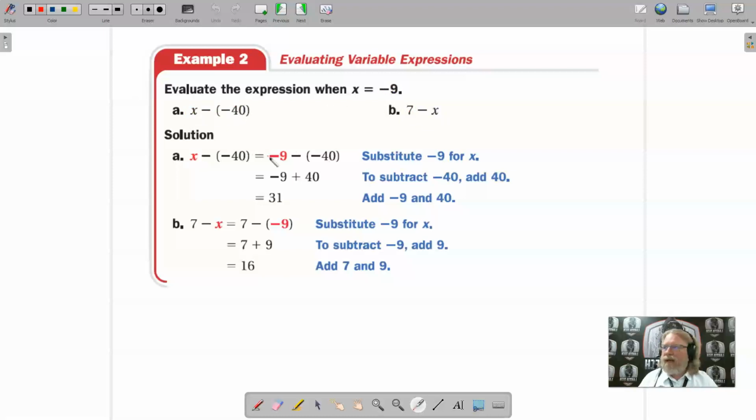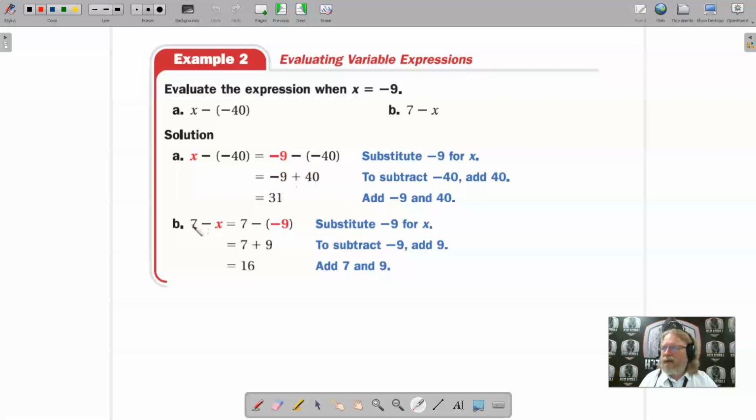Taking the x and substituting negative 9, we rewrite this line here. Now we're going to change the sign from subtraction to addition. Take the opposite of negative 40, which is positive 40. Negative 9 plus 40 is 31. It's going to be positive because 40 has a greater absolute value than negative 9, and 40 minus 9 is 31.